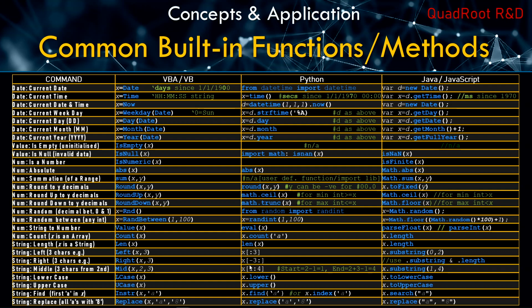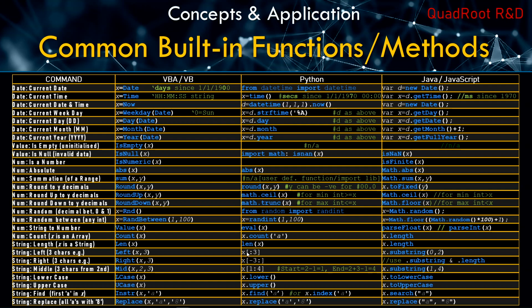Now, if you want the middle characters starting from the second, the second is actually at index 1. So we say index 1 to 4. Basically, we're saying start at 1 and end at 4. Over here, we're saying start at -3 and go till the end.